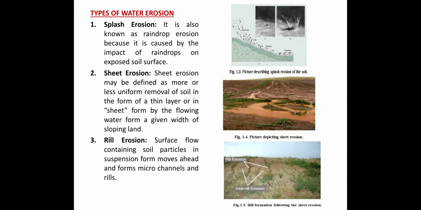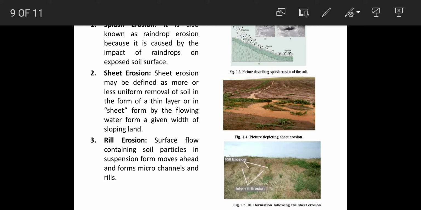The second type of water erosion is the sheet erosion. Now, what is the sheet erosion?